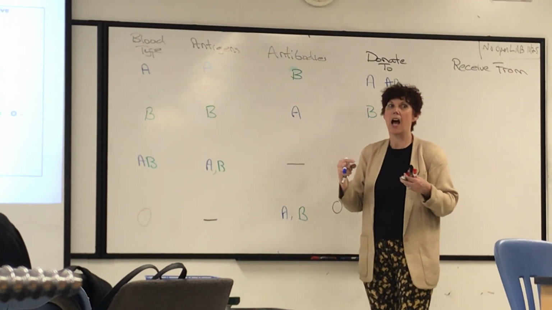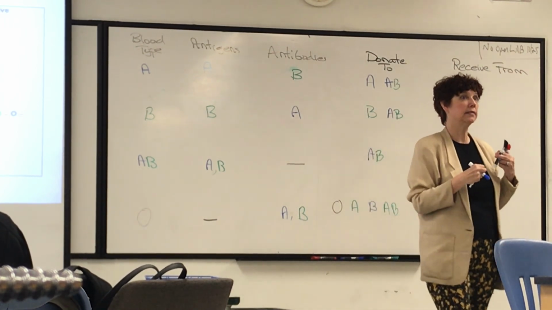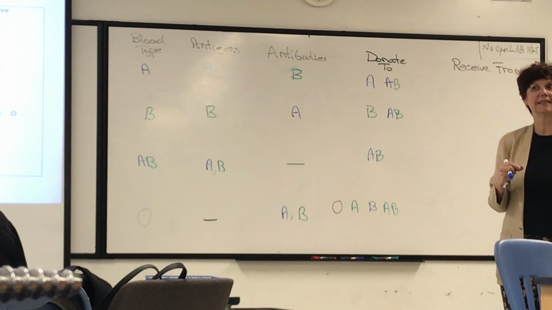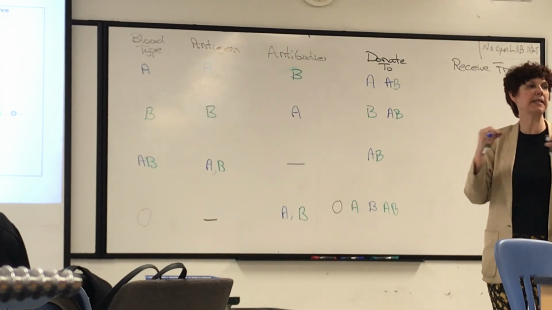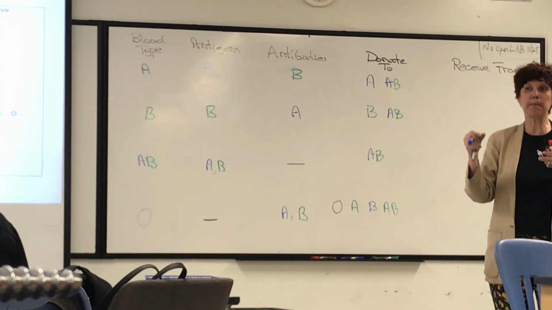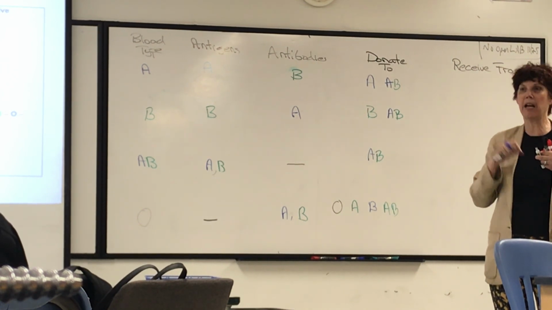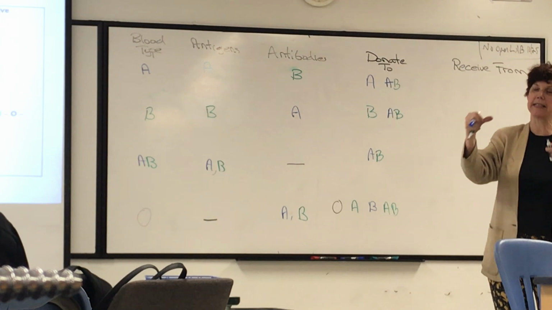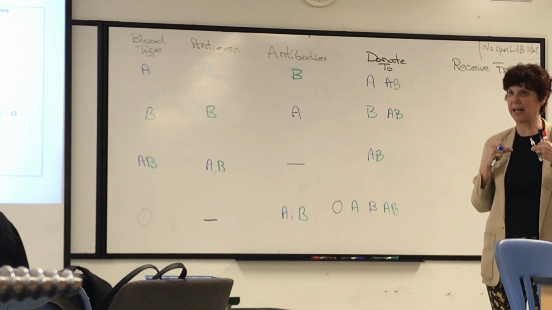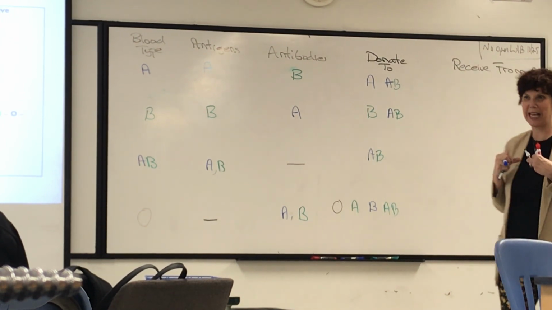Then it's, what antibodies do I have? If I'm A, I have B antibodies. So I can't receive anything that has antigen B on it, because I will clump all of those red blood cells coming to me. So now I'm not concerned about the other person's antibodies, I'm concerned about my antibodies. I'm the receiving pool, okay?